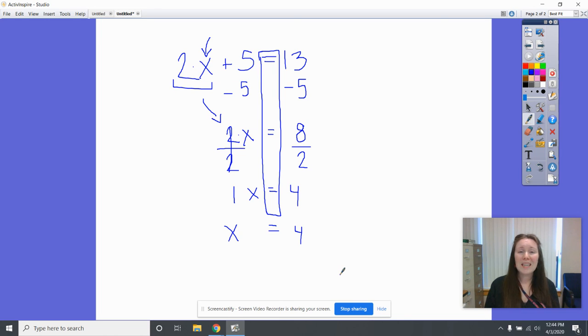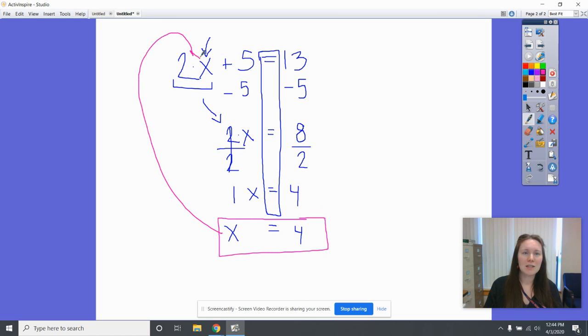Now, we can go back and check our work to make sure we did it correctly. The way we do that is by plugging this answer back into this equation. So what that would look like is not 2 times x, but 2 times 4 plus 5.